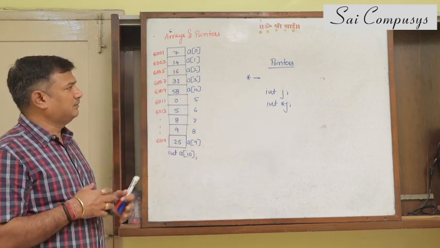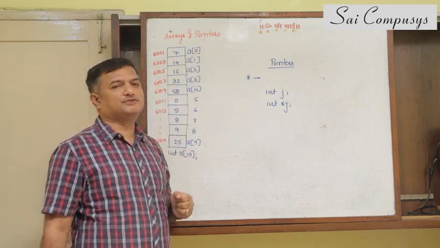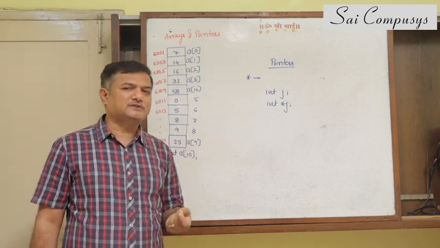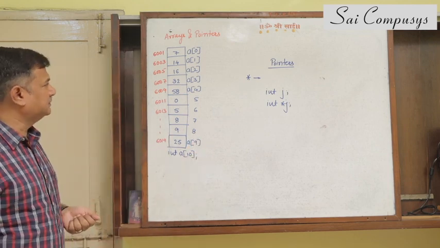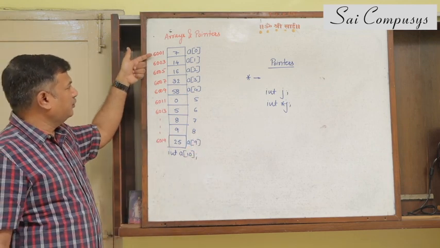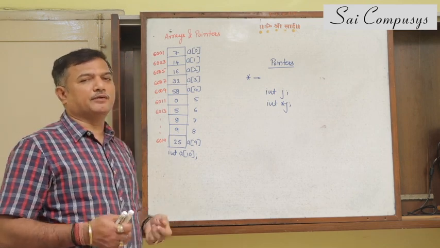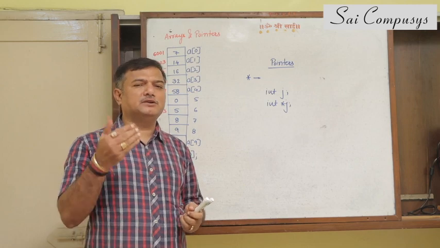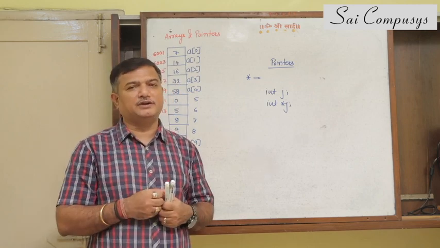So I'll try to relate this concept of arrays with pointers today. Now before we start, I'll give you a very simple thing about integers. We all know an integer occupies 2 bytes in the memory. It's a very interesting thing. Some of the compilers, depending upon the operating system, can also have 4 bytes for an integer.